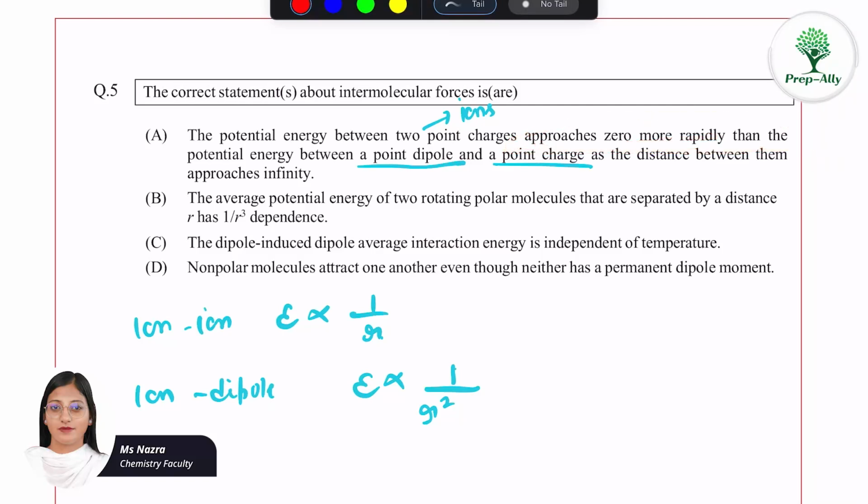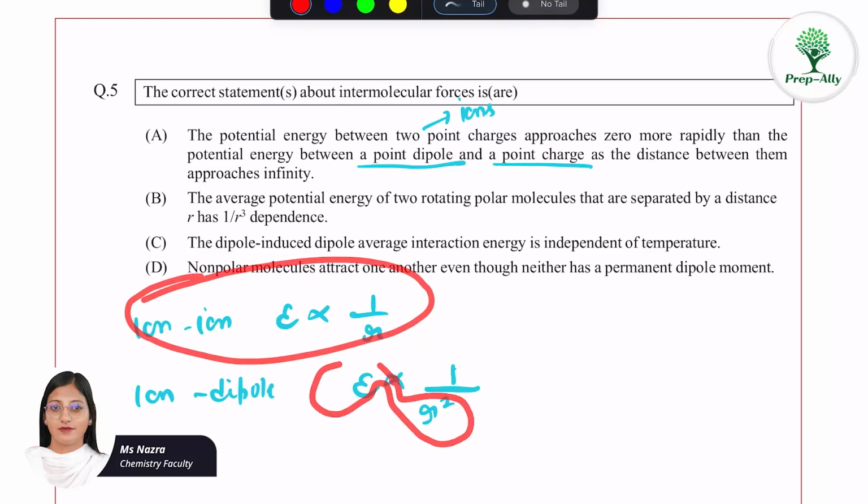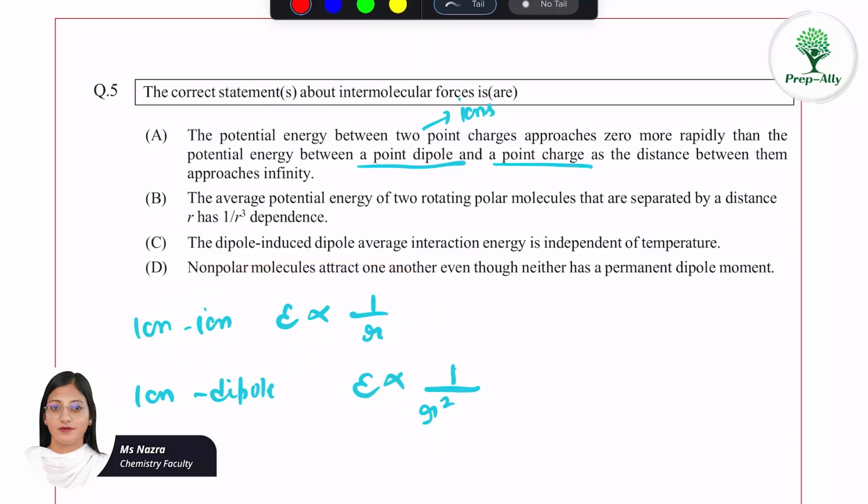It says it approaches zero more rapidly. Now if we increase the distance, the decrease in the potential energy of ion-dipole will be more than the ion-ion interaction because it is inversely proportional to r to the power square. So this statement is incorrect. It will approach zero more rapidly in case of ion-dipole, not in case of ion-ion.